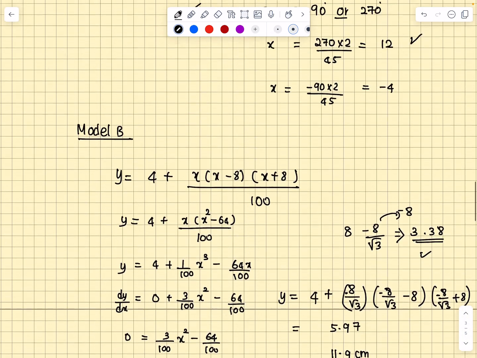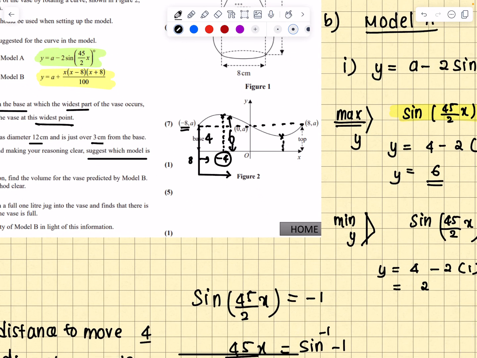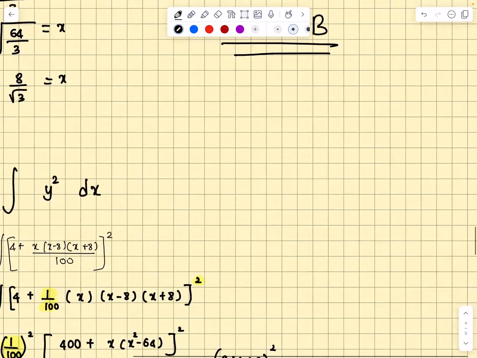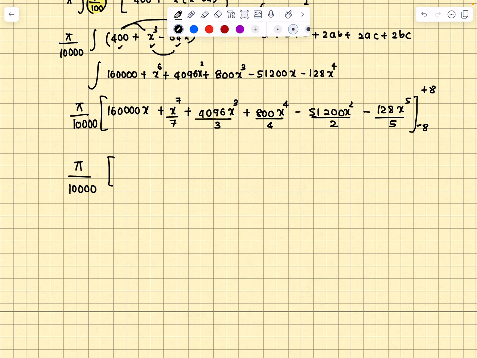Now, what limits do I do this question in? They were asking you to do this between minus 8 and 8, because you can see that's 8, that's minus 8. So therefore, minus 8 to 8. 8 on the top, minus 8 at the bottom. And then you apply the values and then subtract them. It's slightly longer, but I think that's possibly the feasible way to do it.